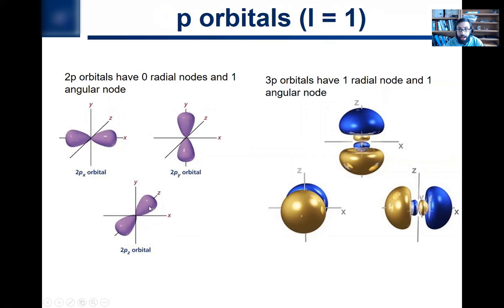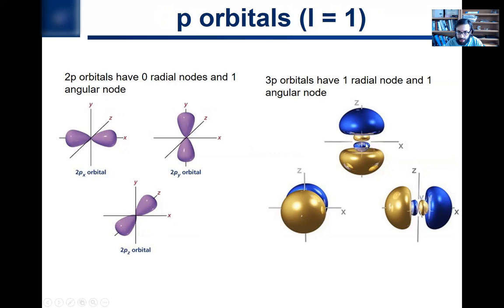The pz orbital, again, is going to have a node in the xy plane where there's a change in sign. Now, when you go down the periodic table, this 2p is sort of the first p orbital that you can get, right? The smallest p orbital. You can't have a 1p orbital. If you look at the quantum number rules, you can't have a 1p orbital. So 2p is the smallest that you can get, so it doesn't have any radial nodes. 3p will look like just a bigger 2p orbital, but it will have a radial node, in addition to the one angular node that defines a p orbital.